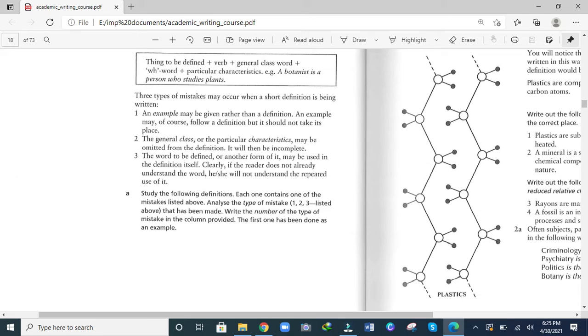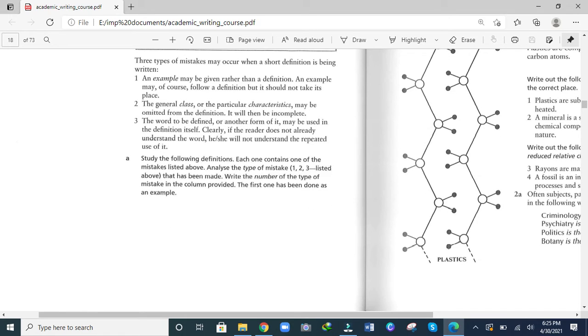An example may of course follow a definition, but it should not take its place. The general class or particular characteristics may be omitted from the definition. It will then be incomplete. The word to be defined or another form of it may be used in the definition itself. Clearly, if the reader doesn't already understand the word, he or she will not understand the repeated use of it.